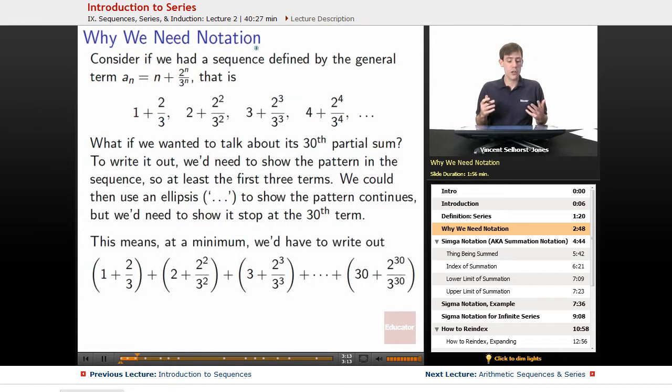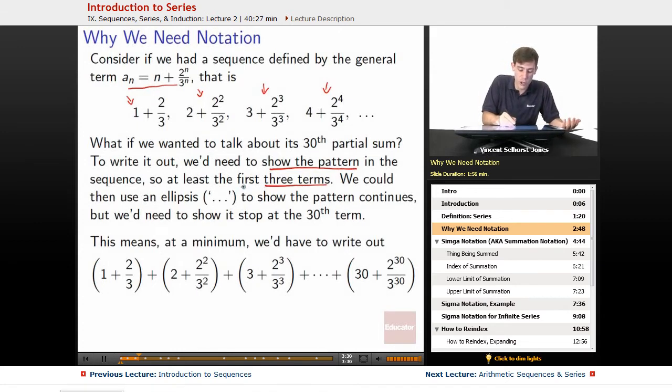If we wanted to write this out, we'd have to first show the pattern that occurs here, right? We have this pattern that created each one of these various terms, so we'd have to have that show up in our summation. Otherwise, we wouldn't be able to realize what pattern is going on. So we're going to need at least the first 3 terms. Then we could use an ellipsis, that ..., to say that the pattern continues on in this manner.